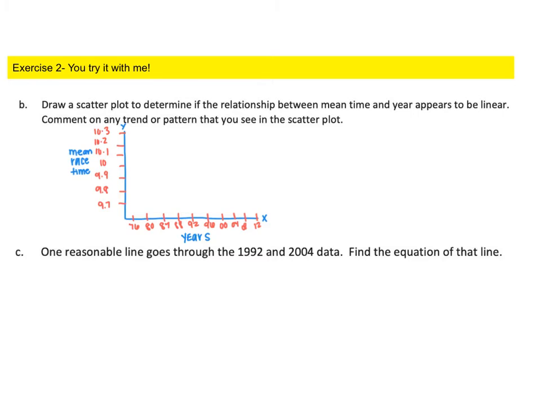For 1976, it was 10.09, which is very close to 10.1. So it's going to be right beneath 10.1. It's going to be right around here. For 1980, it was 10.30, so it was right on this line, 10.3. For 1984, 10.13, so right above 10.1.